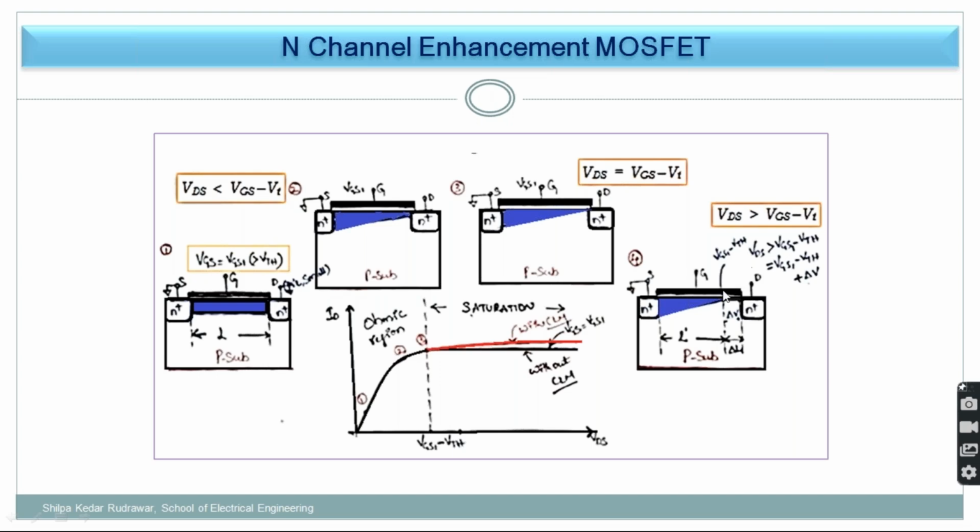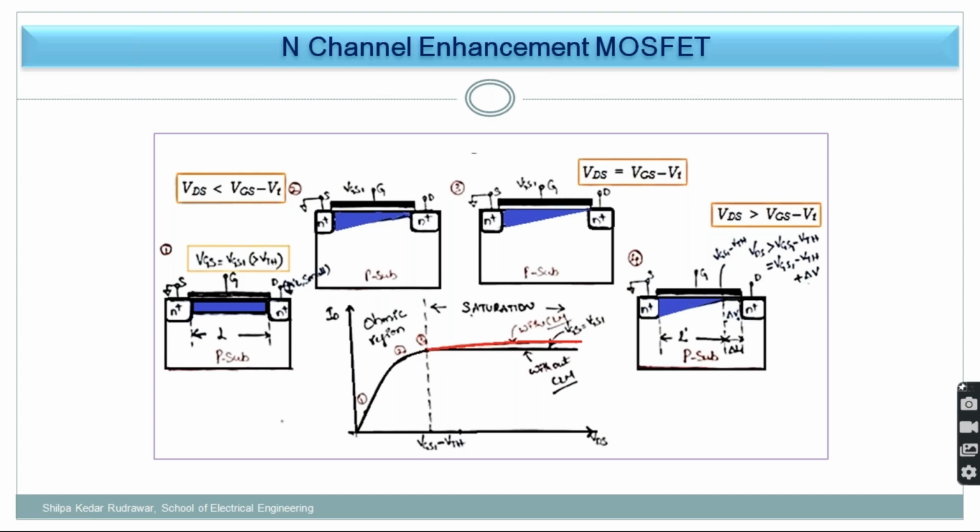Now one thing I want to know from you: what is the voltage at this point and what is the voltage at this point? Which point did you call the pinch off region? Answer that question, just concentrate. The pinch off region will always be at this point only, because at this point VDS is equal to VGS minus VT.